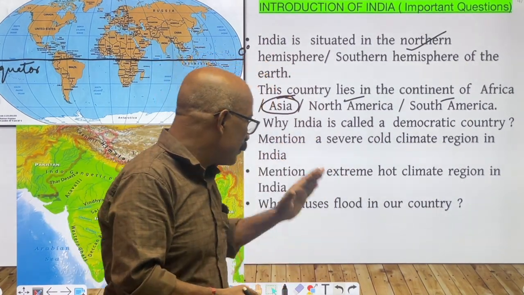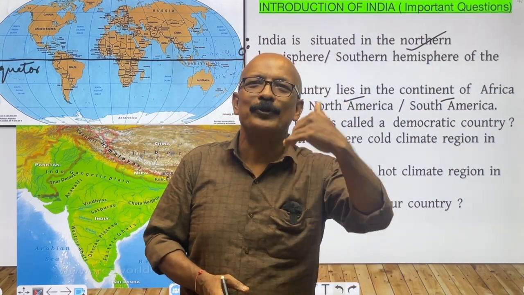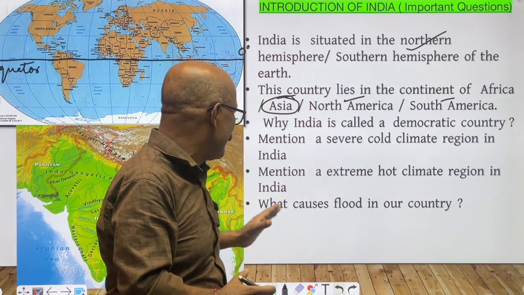When this monsoon creates havoc, when it comes and falls in our country, which is called the burst of monsoon, it basically creates flood in our country. Flood is only due to the arrival of monsoon in India.